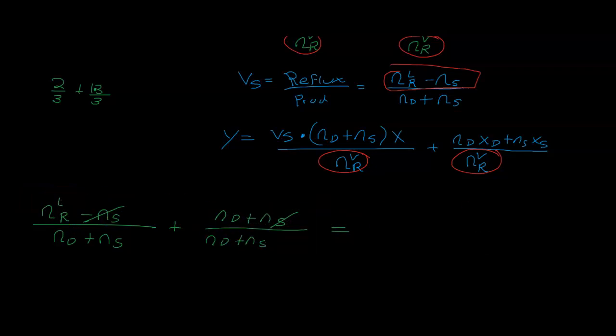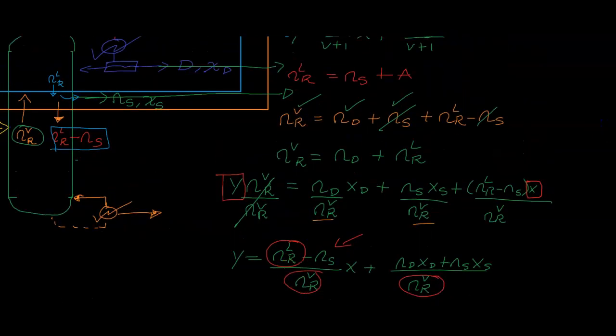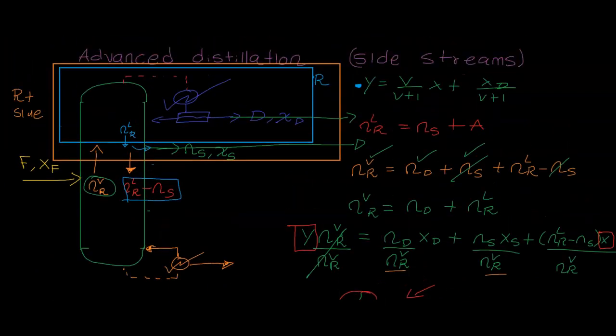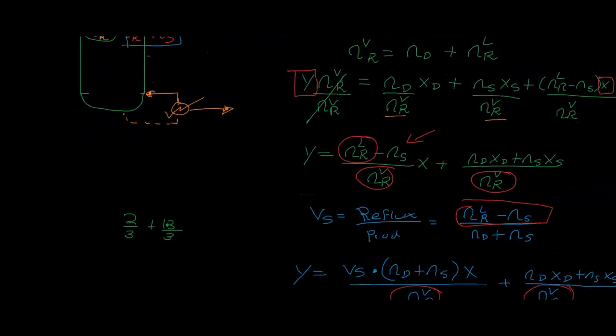nrl nd. Let's think about it here in the drawing. What is that? Let's see what goes here. Basically, the mass balance we had in the rectifying section: NRV is going to be equal to NRL plus ND, or simply D. Let's say ND because I'm using N. What do we know here?